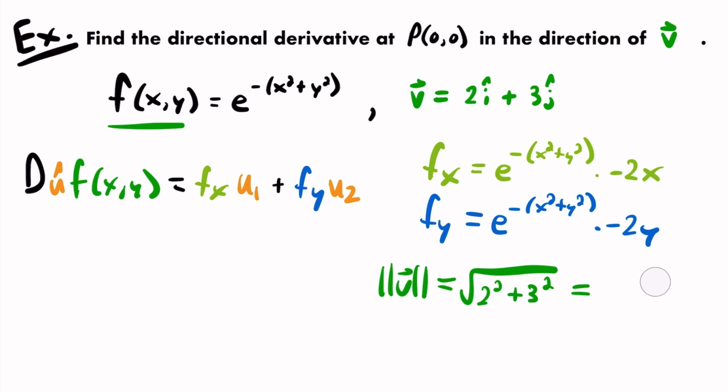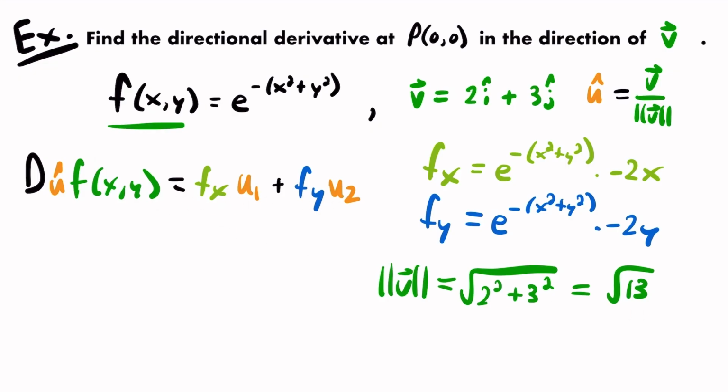And so that is not 1, right? Which means that this is not a unit vector, but we can make it into a unit vector by remembering that a unit vector is equal to a vector divided by its magnitude. All right, so we can just take our vector here, divided by the magnitude that we found, and then we will have a unit vector that we can use to find a directional derivative.